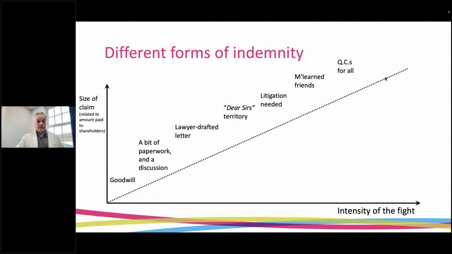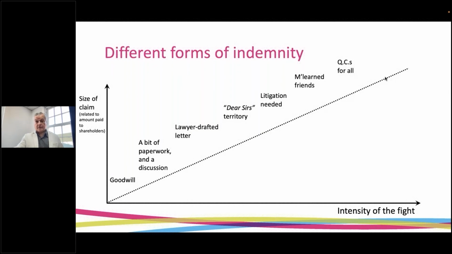So at the bottom end of the scale, if it's a relatively modest amount that you are looking to claim back to pay a creditor in an MVL, it may take no more than a phone call or perhaps an email to set out your reasons, possibly getting a lawyer to draft a letter to do it.